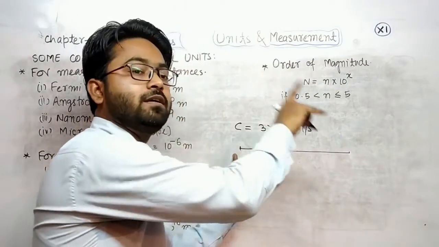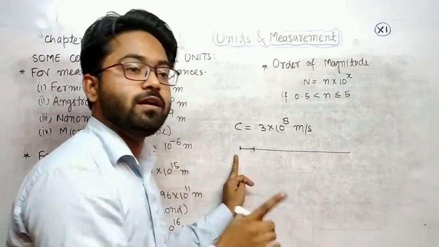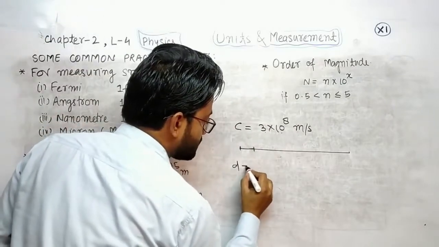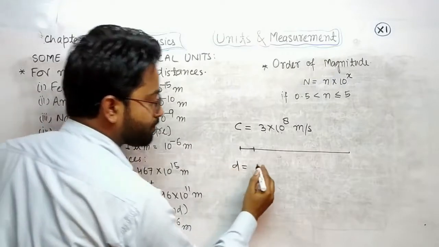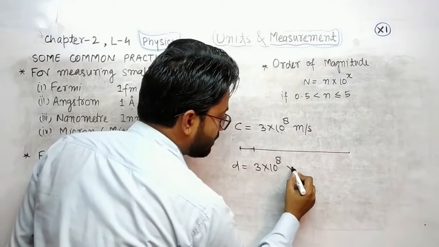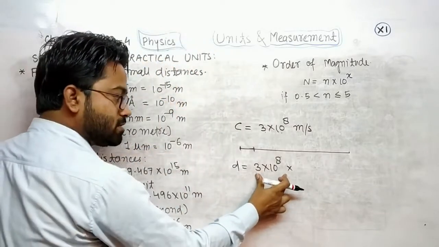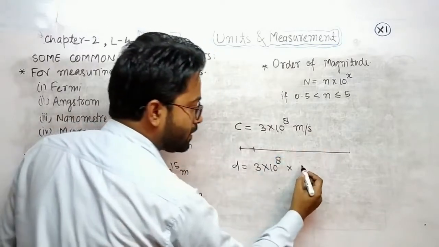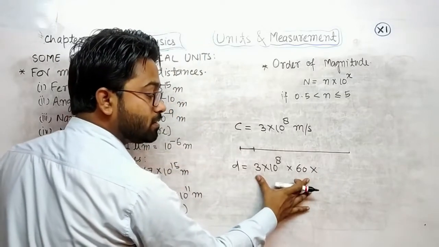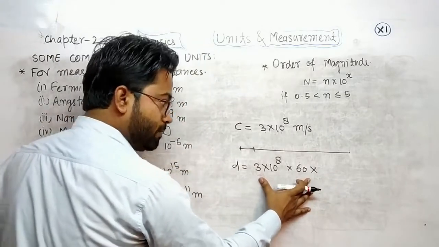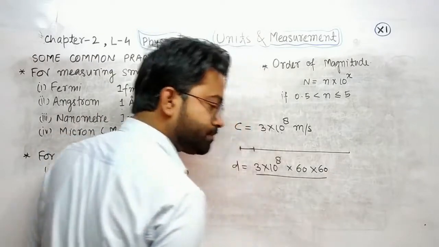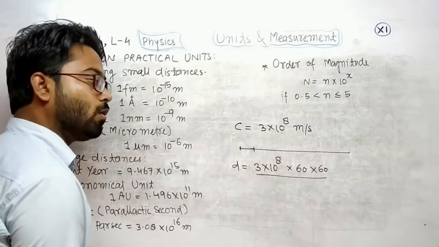If you multiply this by the number of seconds in a minute, this is the distance traveled in 1 minute. Multiply again, and this is the distance in 1 hour.